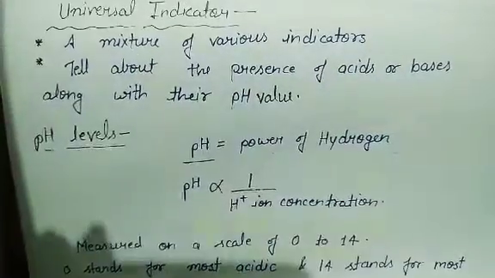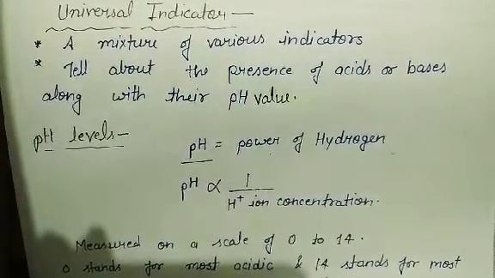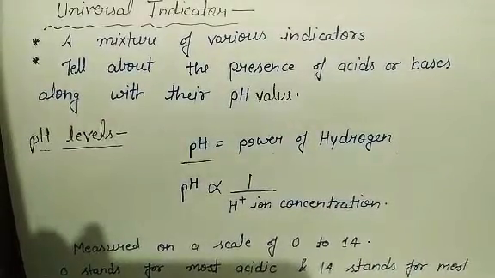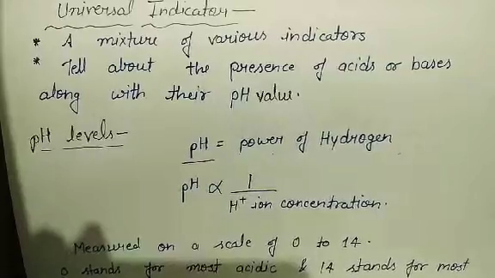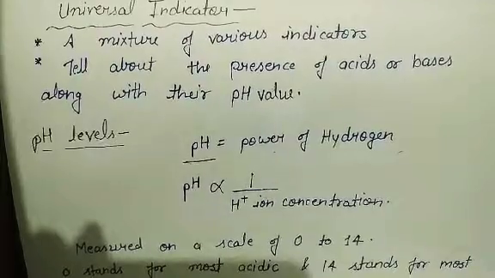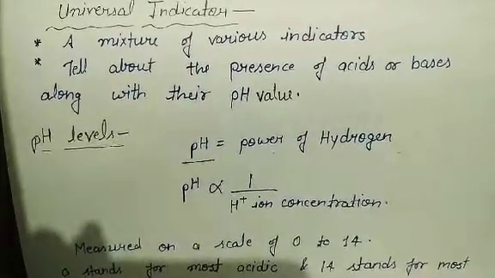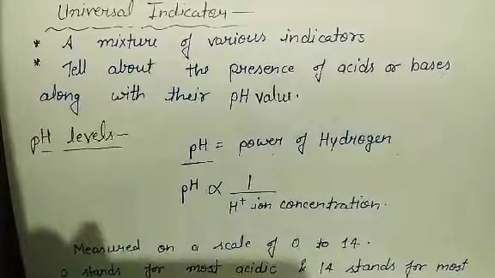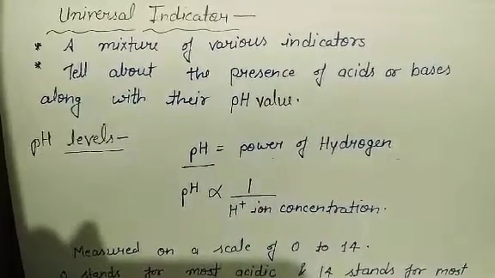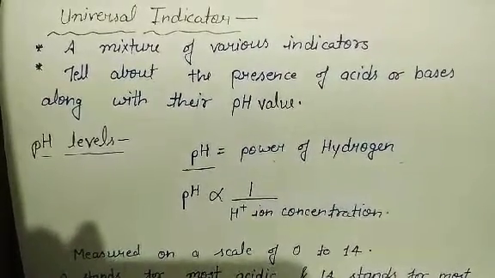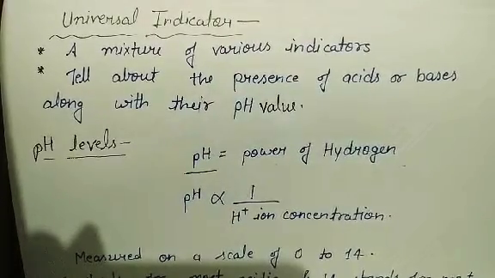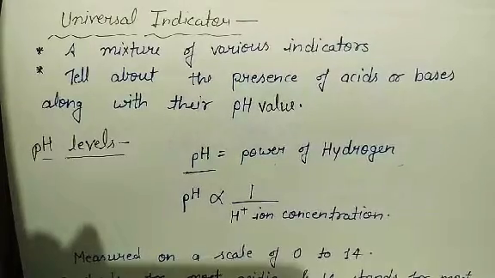So what happens in the case of bases? In case of bases, there is more hydroxide ion concentration and hydrogen ion concentration is very low. Hydrogen ion is present in all kinds of solution, whether it's acidic, basic or neutral. But in alkali solutions, the concentration of hydrogen ion is very low.